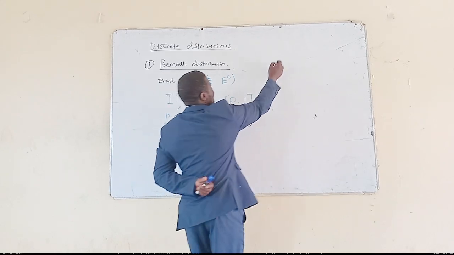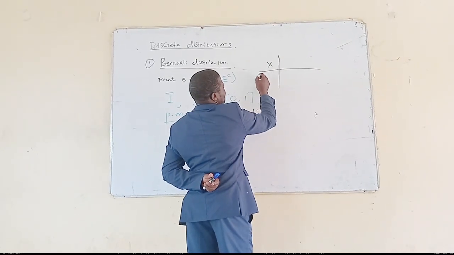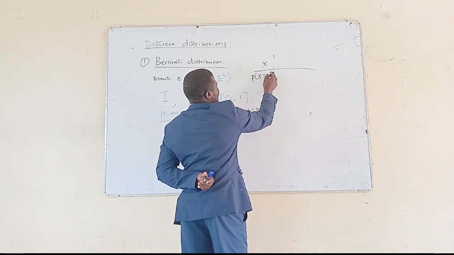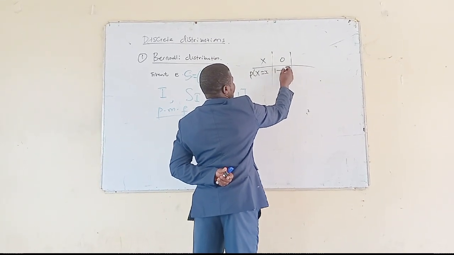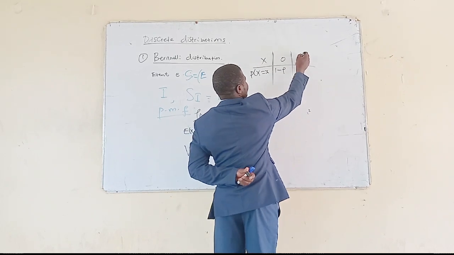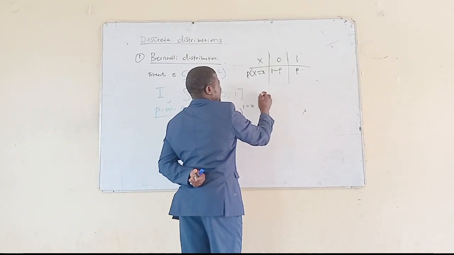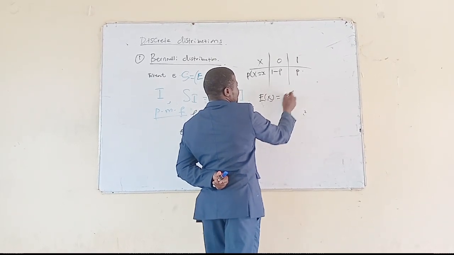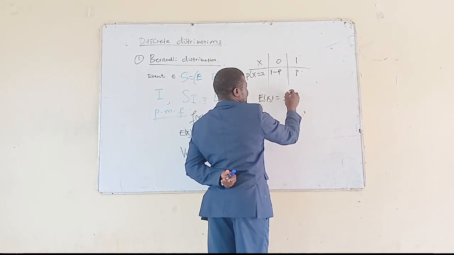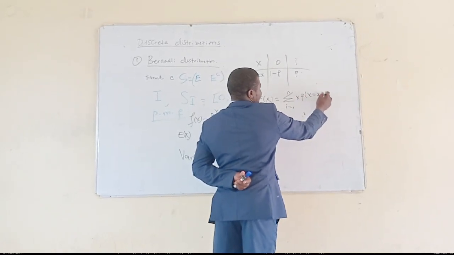Now, if you have the random variable X, probability of X is equal to x. For 0, we have 1 minus p. For 1, we have p. So expectation of X is equal to the summation over x of x times P of X equals x.